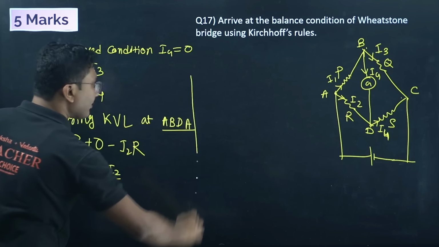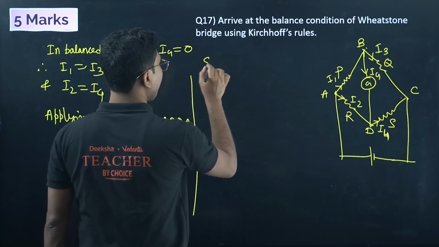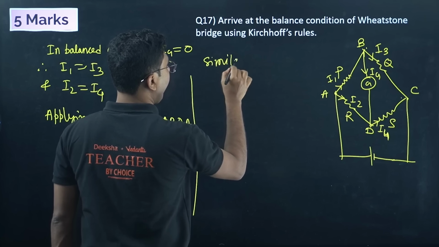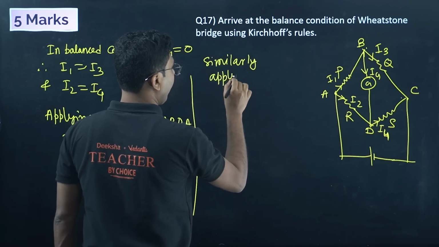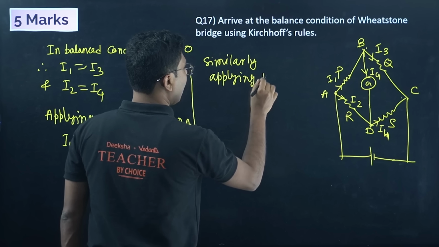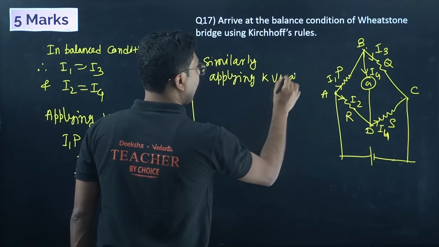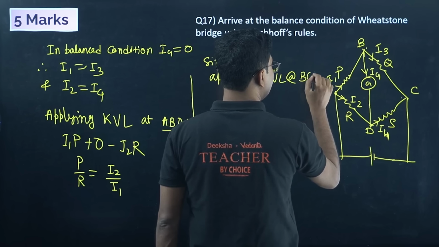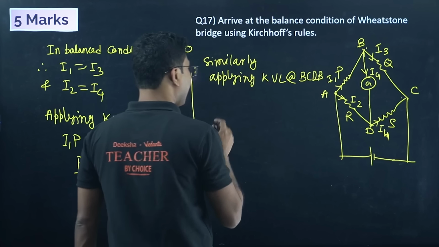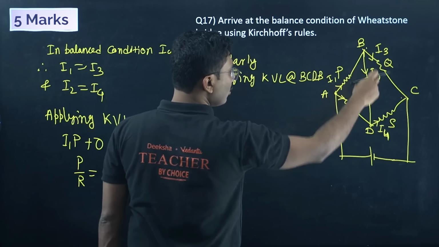Now you can write similarly, applying KVL at BCDB, we can write Q by S.